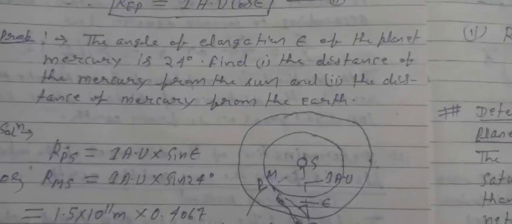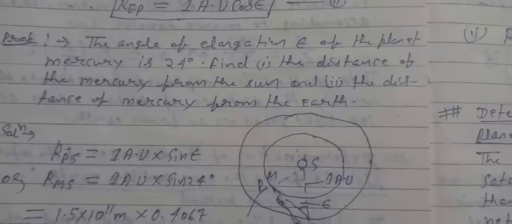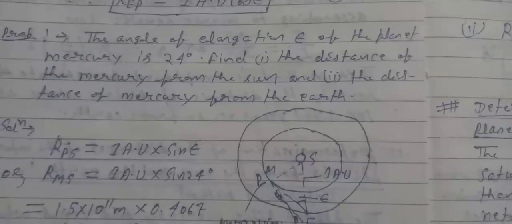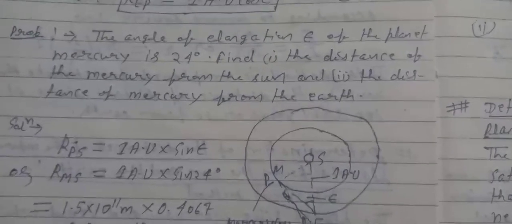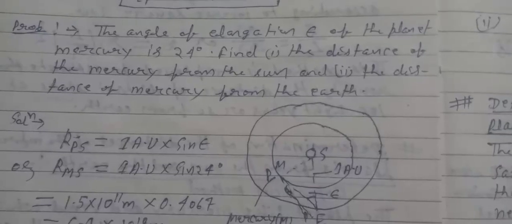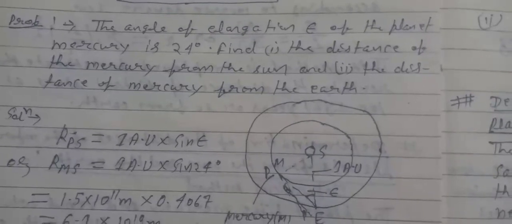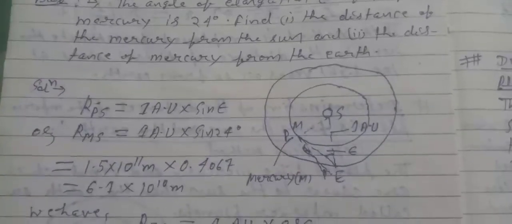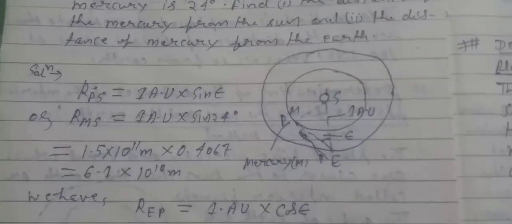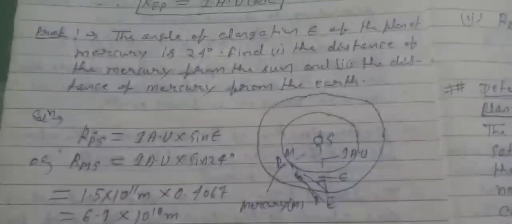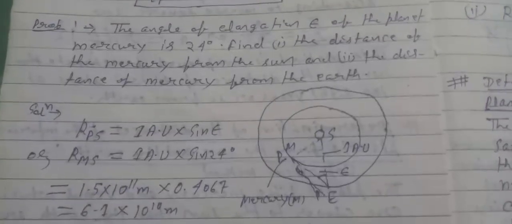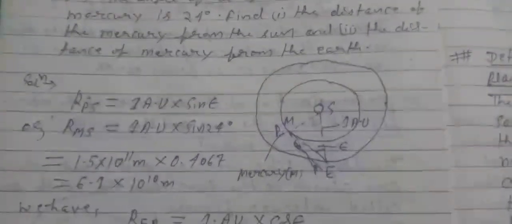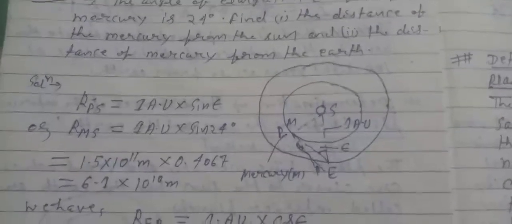Problem. The angle of elongation E of the planet Mercury is 24 degrees. Find 1, the distance of the Mercury from the Sun, and 2, the distance of the Mercury from the Earth. Here R_PS, that is the distance between planet and Sun, equals 1 AU into sin E. So R_MS, the distance between Mercury and Sun, is 1 AU into sin 24 degrees.